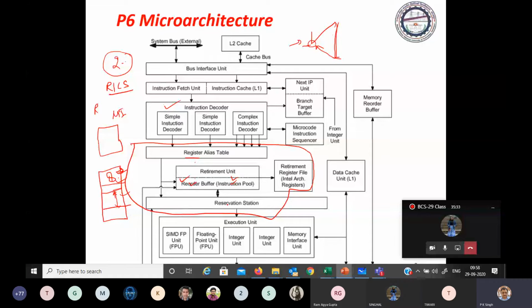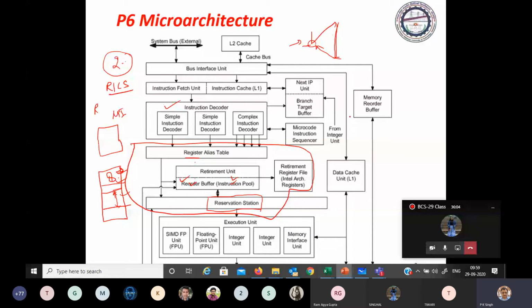Now the Tomasulo algorithm is implemented through the reservation station. This reservation station will look at which functional unit can do the execution, meaning whether the functional unit is idle. It will allocate the instruction, but before allocating, it will look for its dependency.